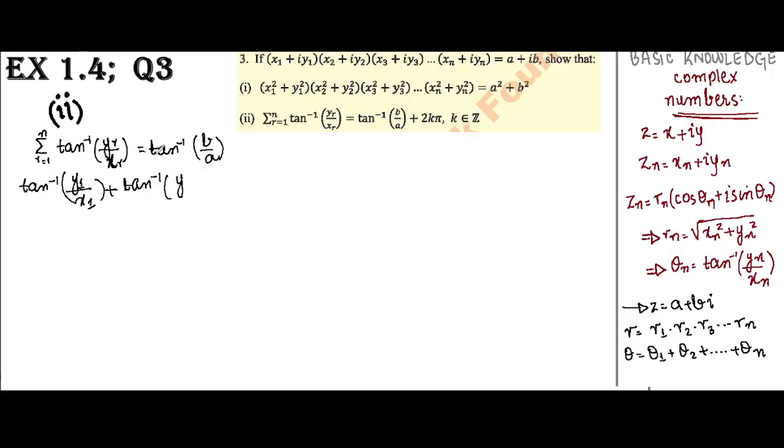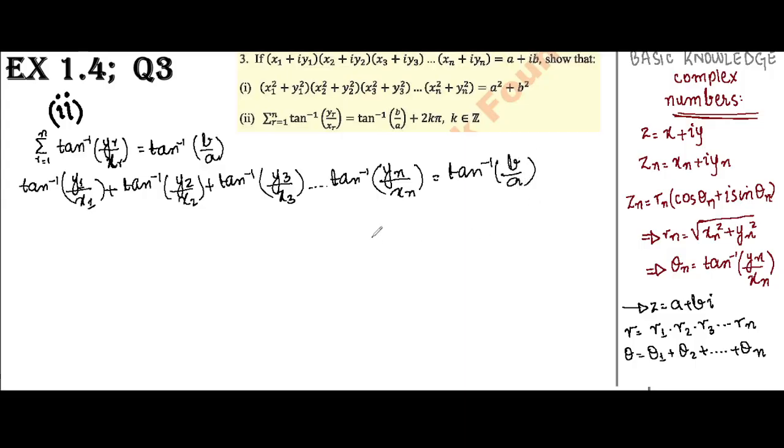Now we'll increase 1 and we'll write tan inverse y2 by x2 plus tan inverse y3 by x3 up till we have to write it till n. So tan inverse yn over xn equals to tan inverse b by a.